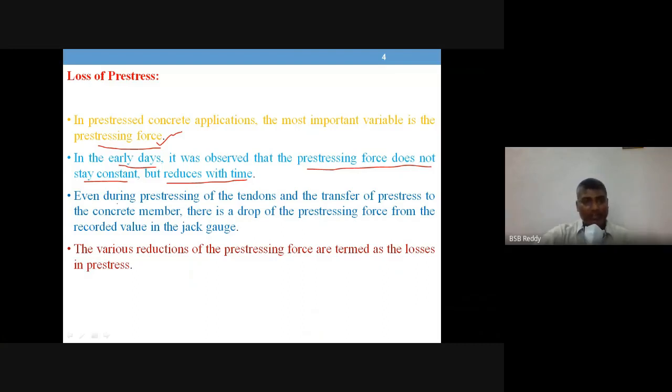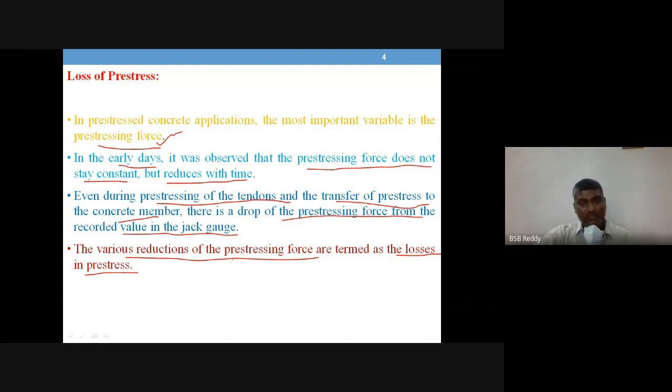Okay, even during the pre-stressing of tendons and the transfer of pre-stress to the concrete members, there is a drop of pre-stressing force from the value recorded in the jack gauge. Okay, so that is also being observed. So various reductions of pre-stressing force are known as losses of pre-stress.